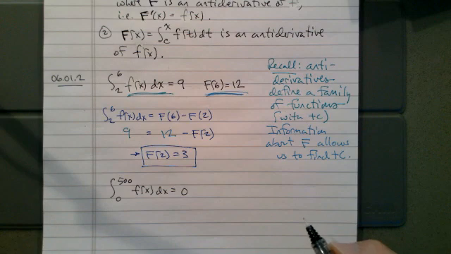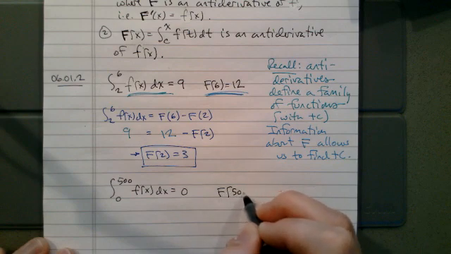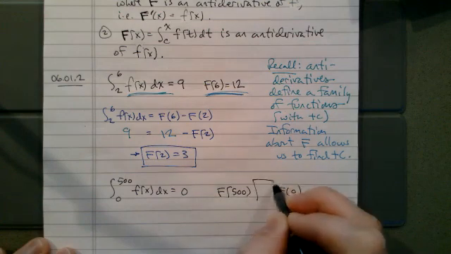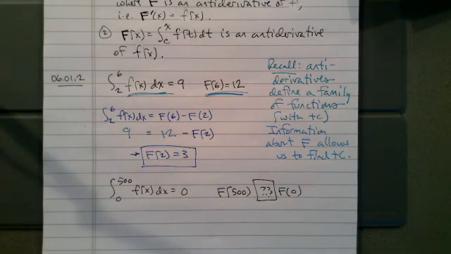And it says, what is the relationship between capital F of 500 and capital F of 0? So we're asked, what's going on here? What's the relationship between F at 500 and F at 0?